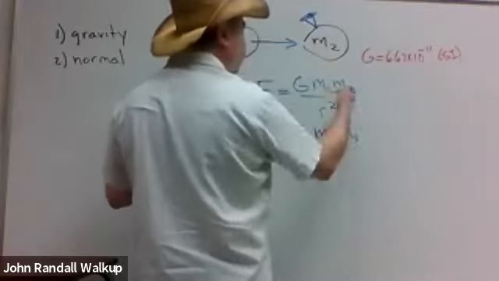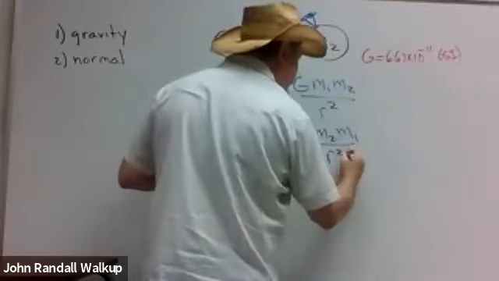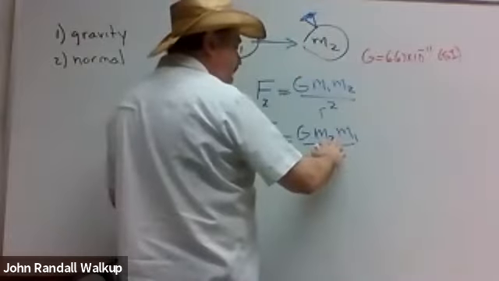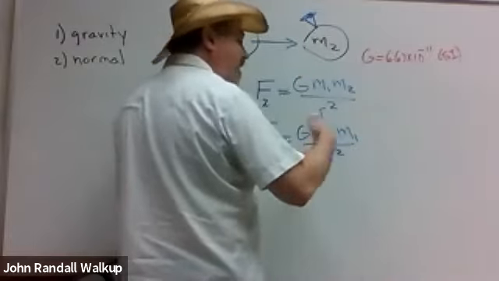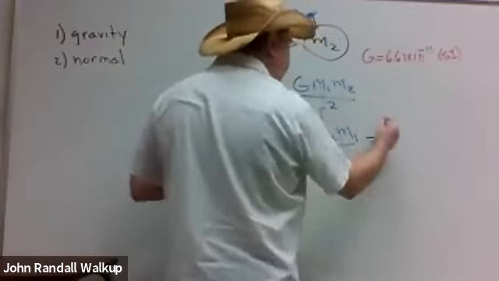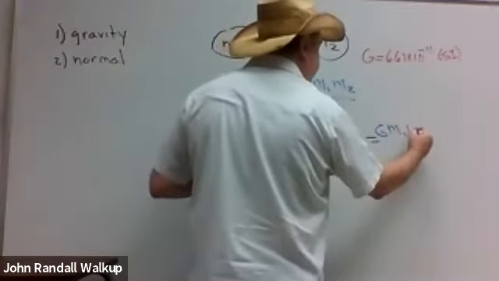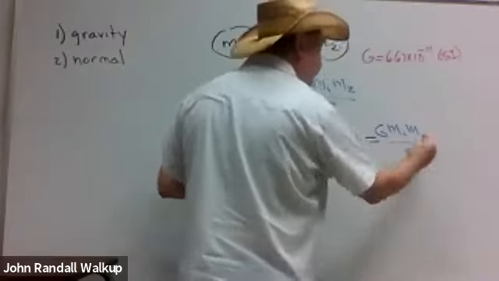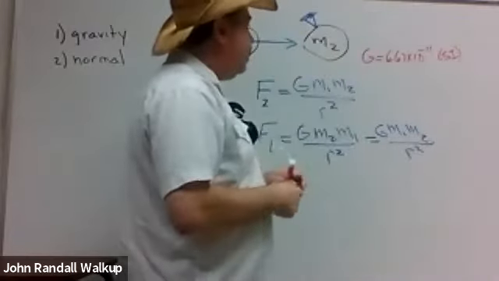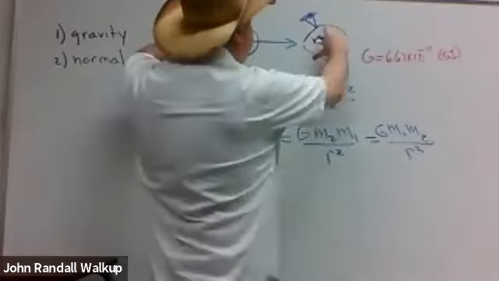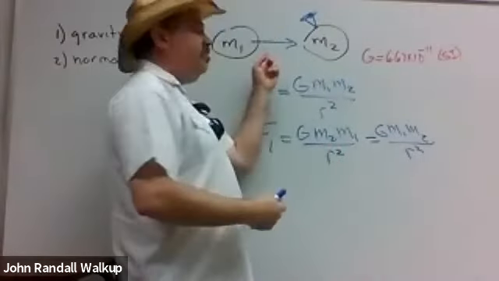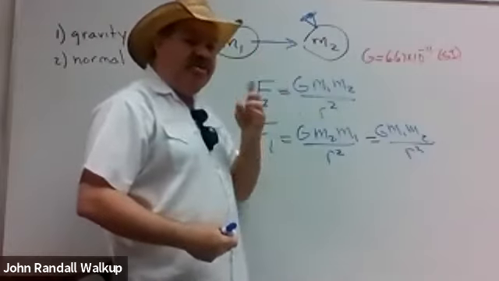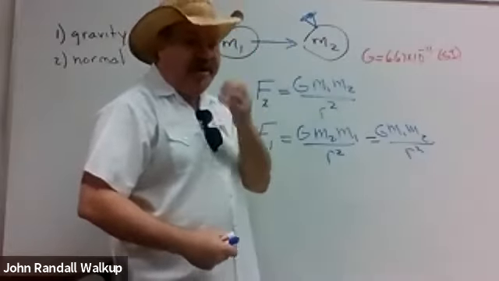The masses are switched, divided by R squared. However, if you multiply M1 times M2, it doesn't matter if you multiply M2 by M1. This is the same as this. So these two bodies attract each other with the same amount of force, just in opposite directions. That's a consequence of Newton's third law that we'll cover a little bit later.